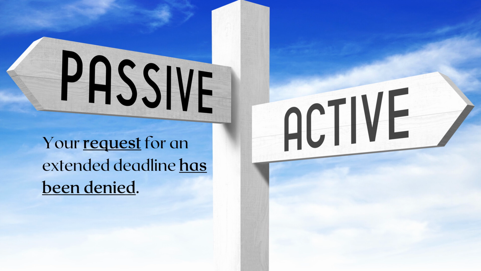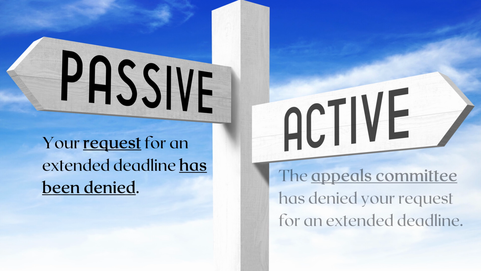By adding in the agent for the action and putting the object behind the verb, we have an active voice sentence that is friendlier and less stilted. Saying instead, "The appeals committee has denied your request," not only adds a human element, but respectfully explains to the reader who specifically denied the request.